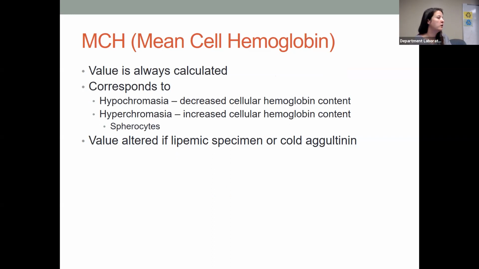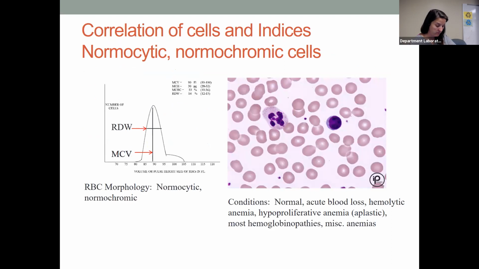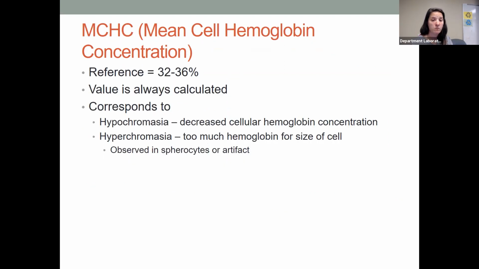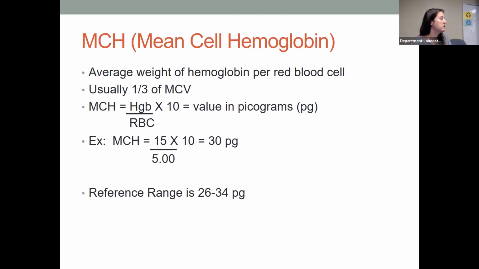And again, MCH and MCHC go together. So we will always look at them when we are classifying our red cell size and hemoglobin content. What was the normal range of the MCH? Like 26 to 34 picograms.